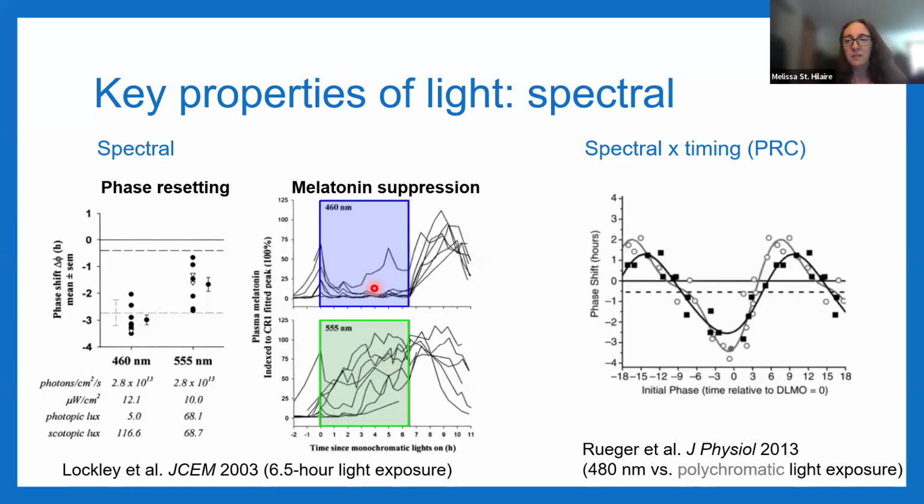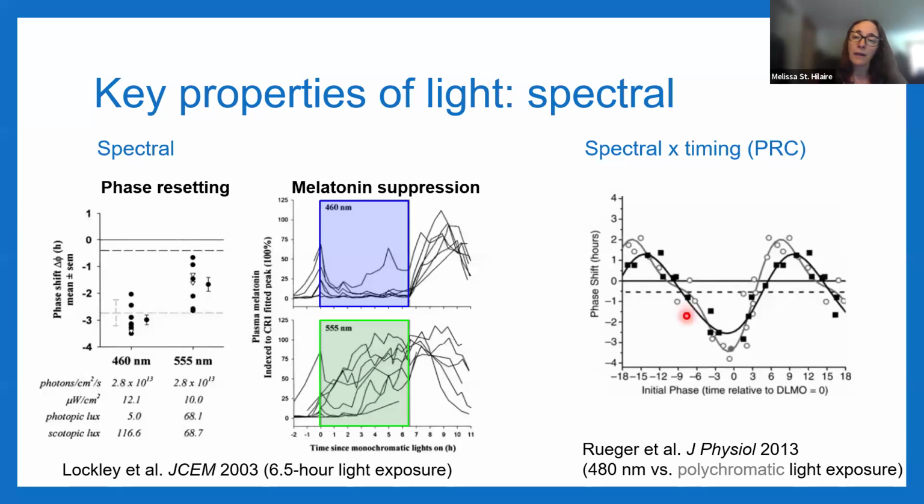We've also looked at spectral by timing interactions. So we have constructed a PRC to 480 nanometers of light. That is the darker solid black line in this figure compared to our original 6.7 hour polychromatic light exposure.